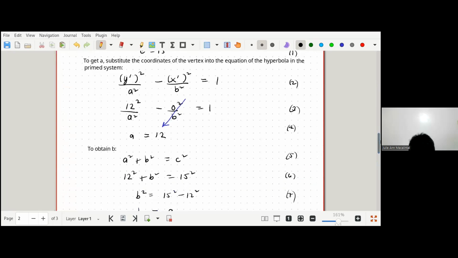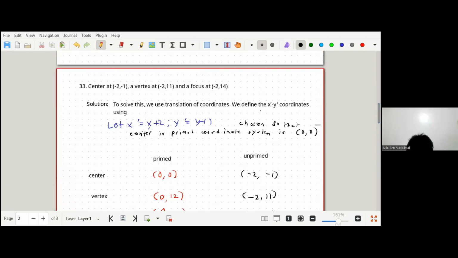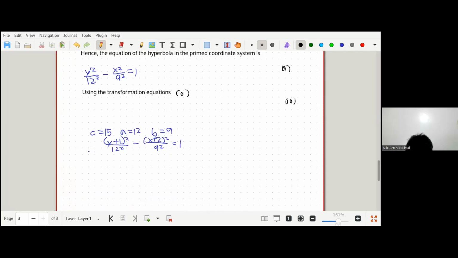The transformation equations should be equal. Tawagin na equations 0 kasi nakalimutan kong i-label yun. In using the transformation equation 0 and 9, yun.